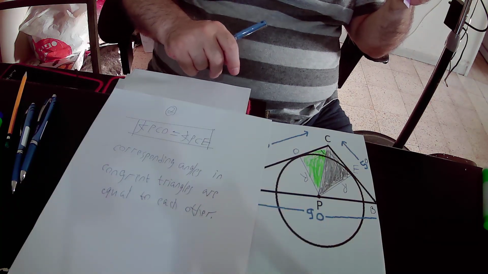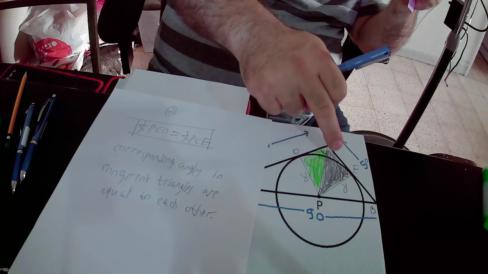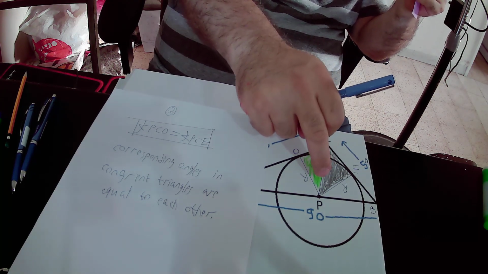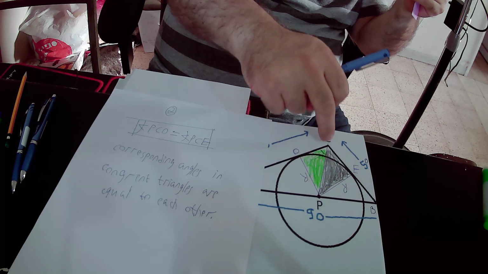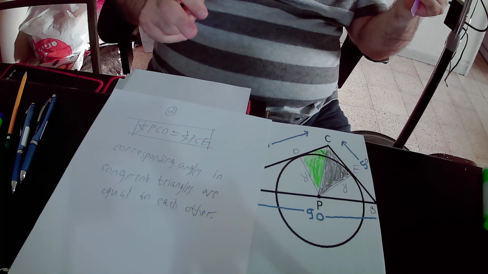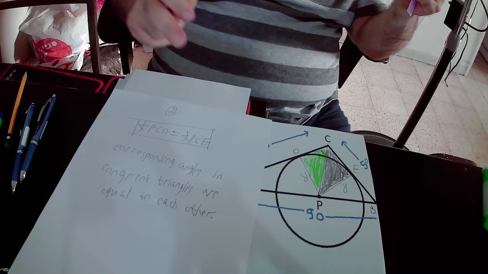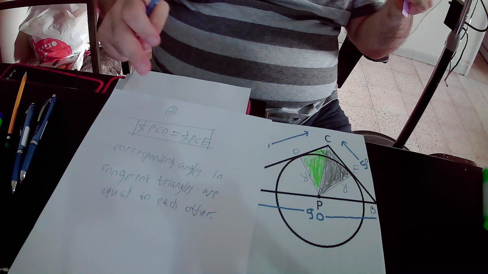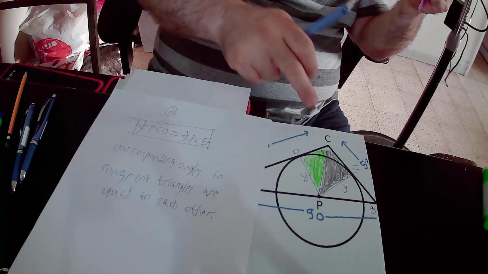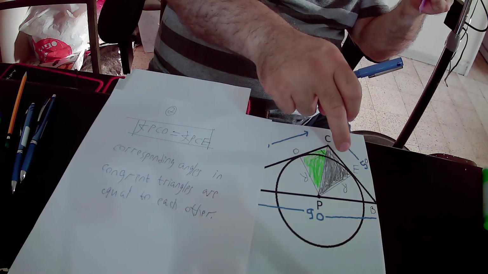Okay, angle PCO in the green triangle is equal to angle PCE in the black triangle, according to the rule that corresponding angles in congruent triangles are equal to each other. The green triangle is congruent to the black triangle.